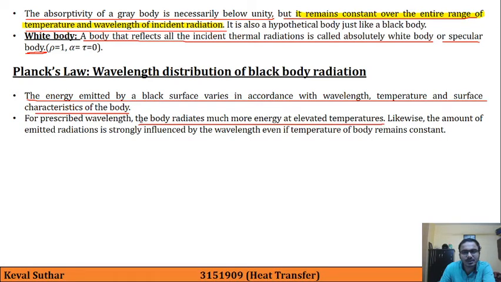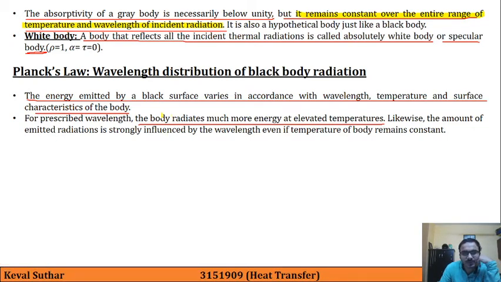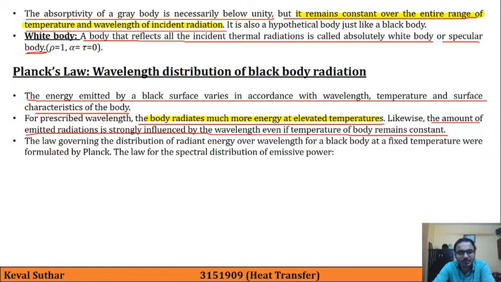So this shows the dependence on temperature, that if temperature is higher then the radiation will be more. Likewise, the amount of emitted radiations is strongly influenced by the wavelength even if the temperature of body remains constant. So this is the dependence on the wavelength.